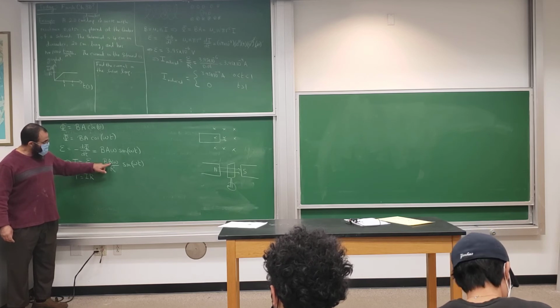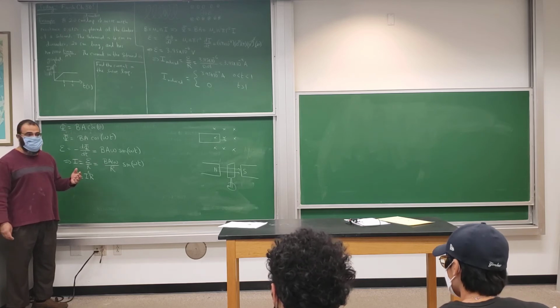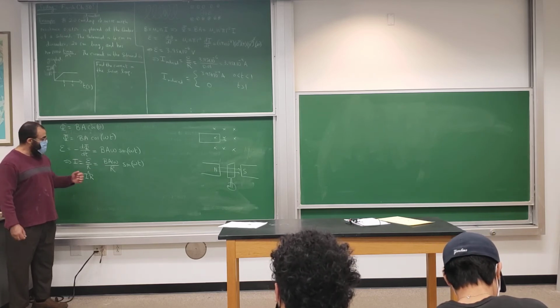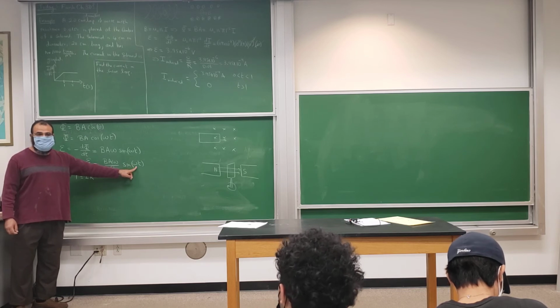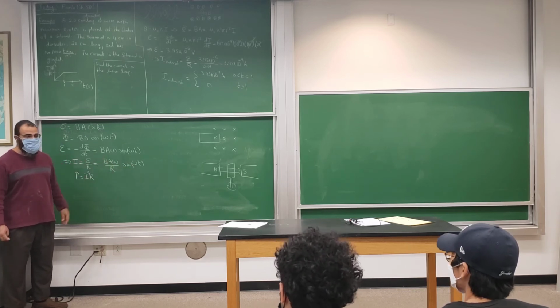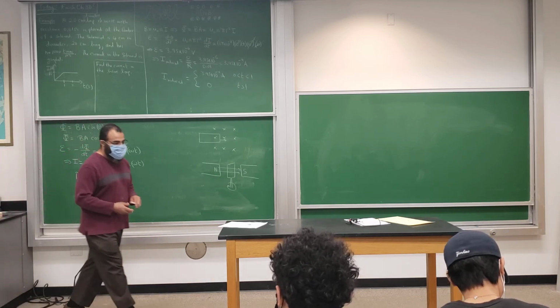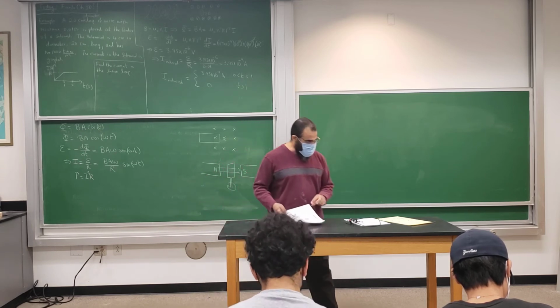So increase the area, or instead of having one loop, have 10,000 loops. Or spin faster. If omega is larger, you get a larger current. Okay, so I will go on.